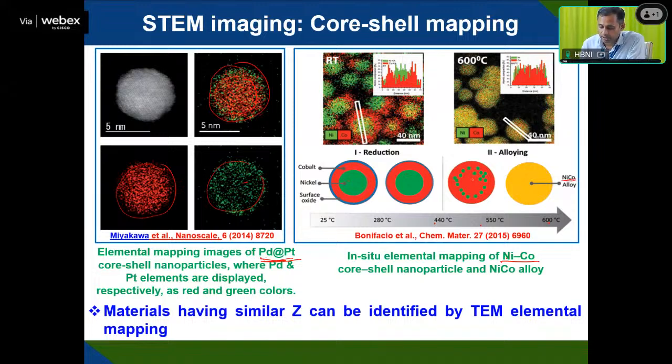So the green and red mix to give yellow, where they are completely overlapping. From electron mapping, you can see at first it's a core shell type structure, with the red dots inside and green outside, but once you go to 600, it converts to green and red mixed, forming a yellowish color. In this way, in situ elemental mapping is possible for similar Z materials, which can be identified using STEM mode.